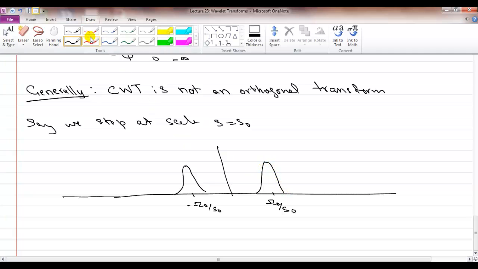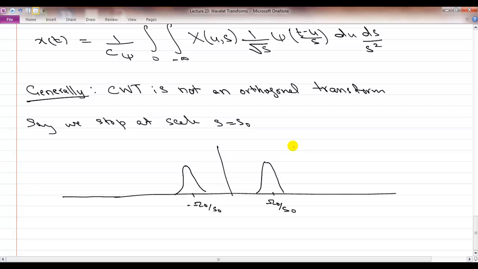And other values of s which were smaller than s naught gave us, for example, things like this. We kept on getting bigger and bigger bands. They should actually be going down too, so the height of them should be going down, right? And so forth.